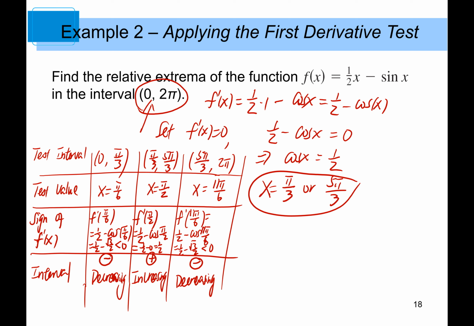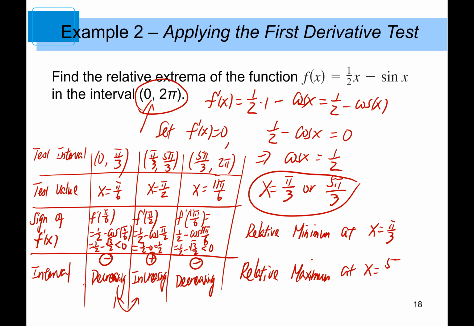Now if you look at it, from decreasing to increasing, we have a relative minimum occurs at x equals pi over 3, and relative maximum occurs at x equals 5 pi over 3.